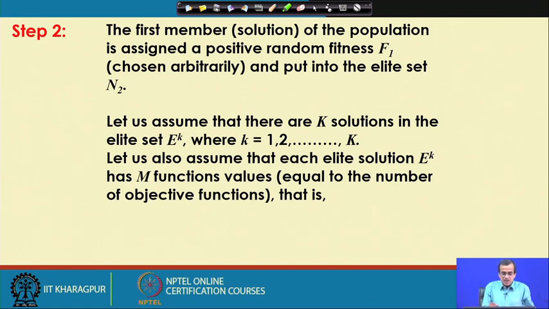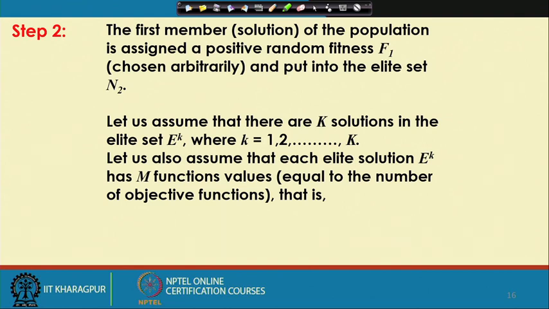As I told, the first solution is selected at random from the initial population and put in the elite set, that is the non-dominated set N2, after assigning the fitness F1.